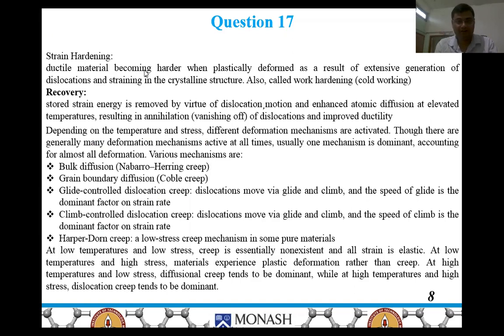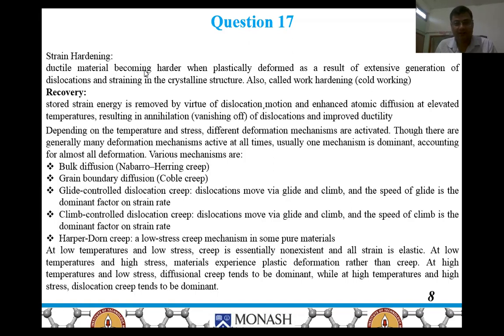Now, strain hardening, I'm taking this topic in detail. Strain hardening: ductile materials become harder when plastically deformed, as a result of extensive generation of dislocations and straining in the crystalline structure. It is also called work hardening or cold working. In recovery, stored strain energy is removed by virtue of dislocation motion and enhanced atomic diffusion at elevated temperatures, resulting in annihilation.